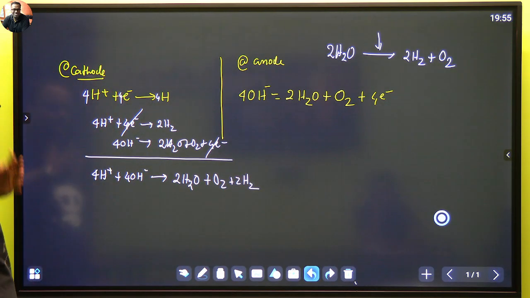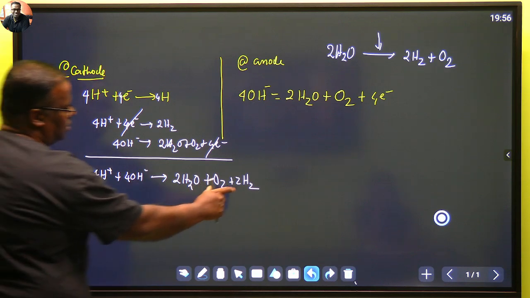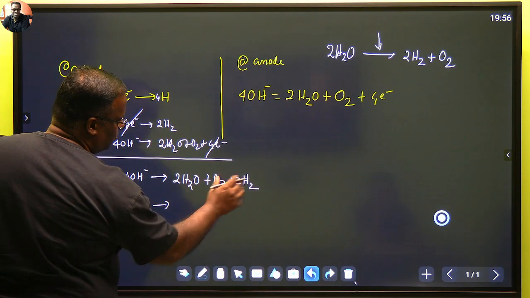Okay. And 4H plus, electrons on this side, electrons on this side. Is there any mistake? No. Yes, 2H2 plus O2 will give you 2H2O. So how much is this now? 2H2O plus 2H2.